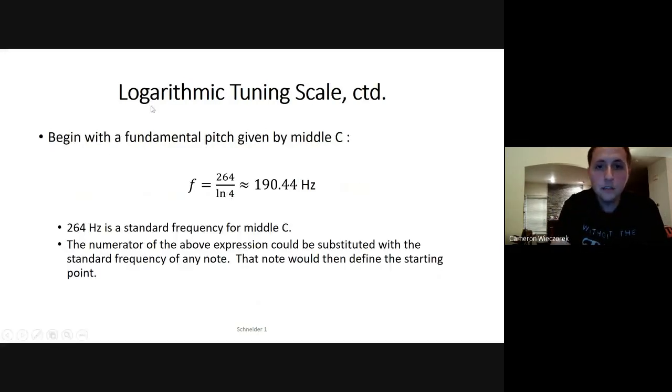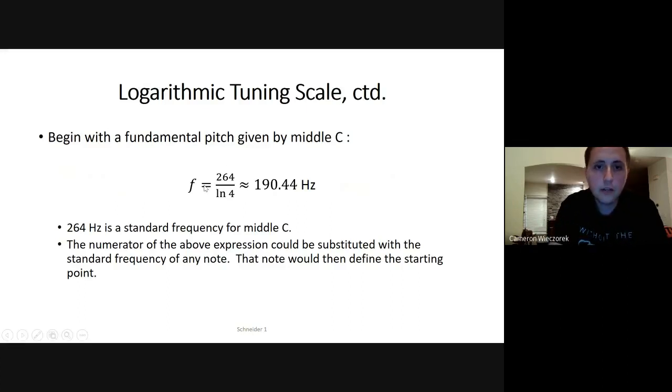So the main idea is you begin with a fundamental pitch, and really, you can use any note you want. If you wanted to use A4, like we mentioned earlier when piano tuners start tuning, you could start with A4. But typically, at least for this logarithmic tuning scale, middle C is what Schneider chose. Because it splits the keyboard in half, it's a nice place to start.